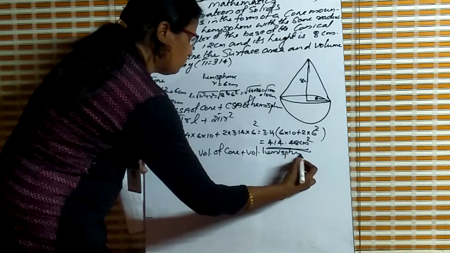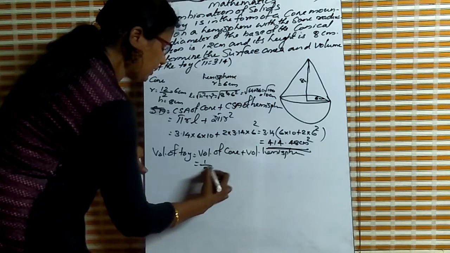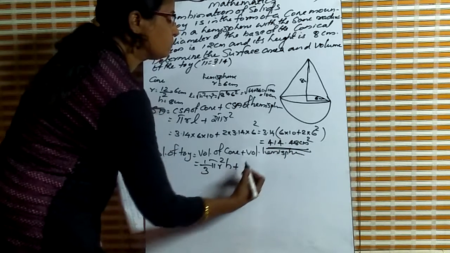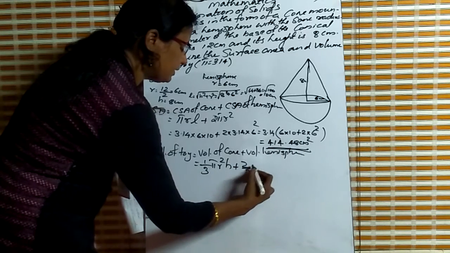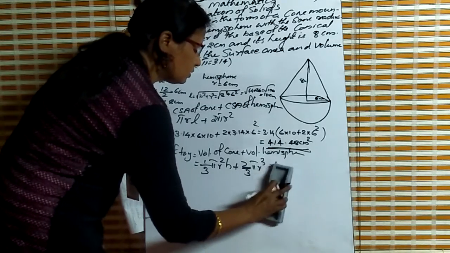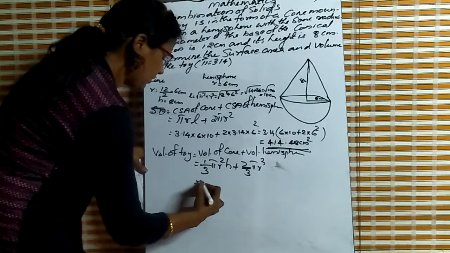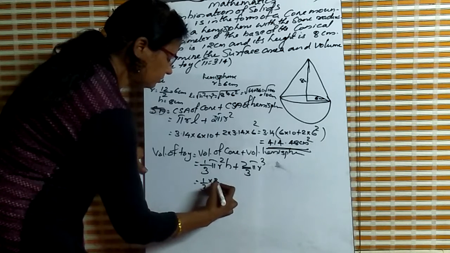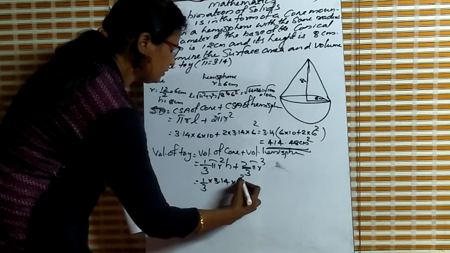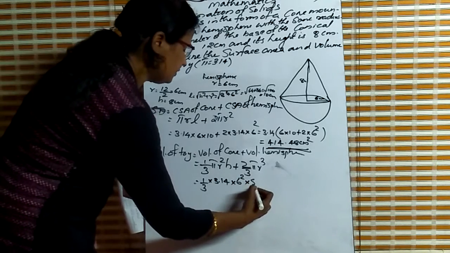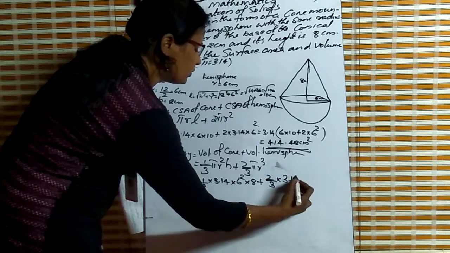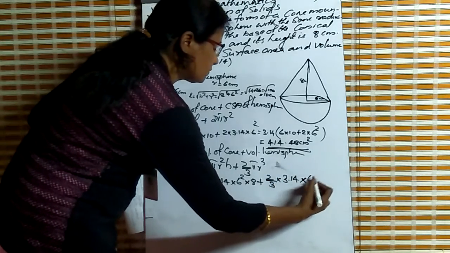Formula is volume of cone is 1 by 3 pi r square h plus volume of hemisphere is 2 by 3 pi r cube, equals 1 by 3 into 3.14 into r, 6 square into h, 8 plus 2 by 3 into 3.14 into r, radius 6 cube.